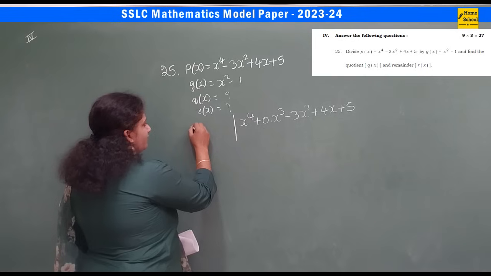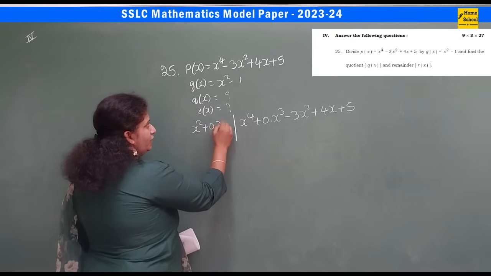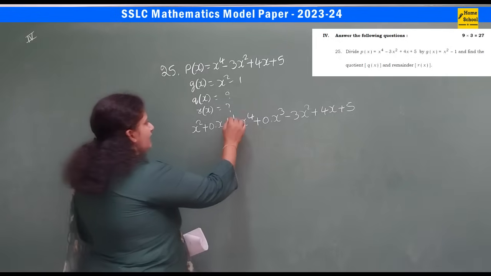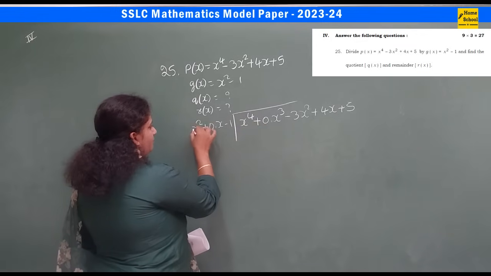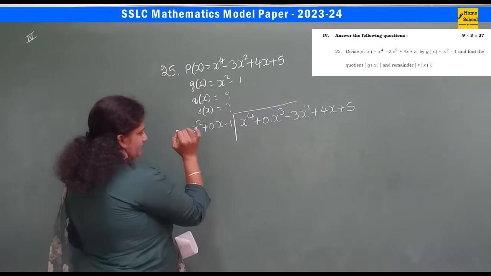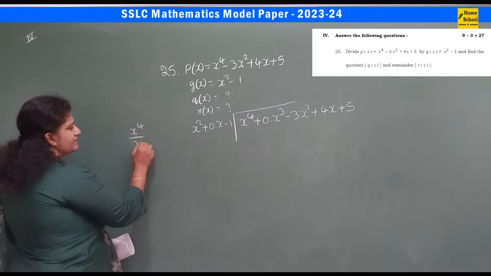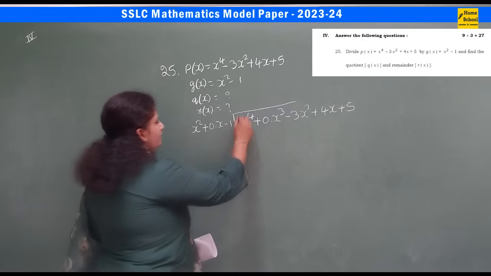So for that sake, we need to write x square plus 0 into x minus 1. Start dividing. Dividend first term by divisor first term. What you are going to get? X power 4 by x square. Cancel. It will be x square.